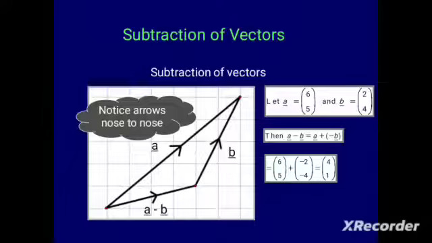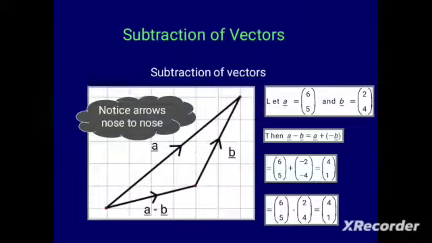So that is the resultant difference of the vectors.